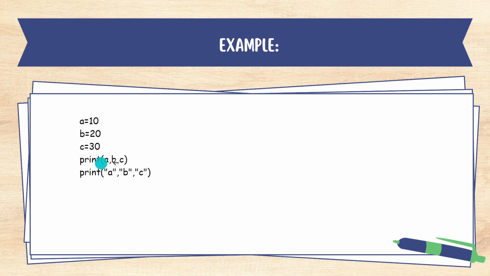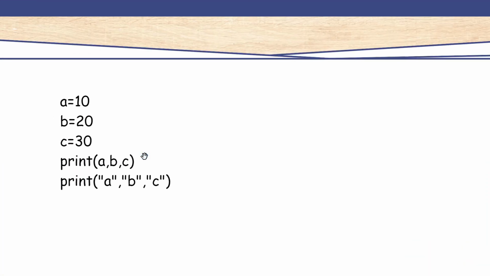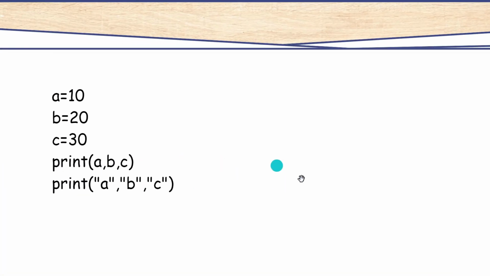Here we are just printing. What will be the output of the first line? What will be the output of the second line? As it is, but there will be space between each digit. What will it print in the first line? 10, 20, 30. What about the second line?